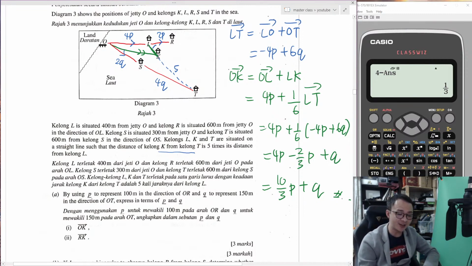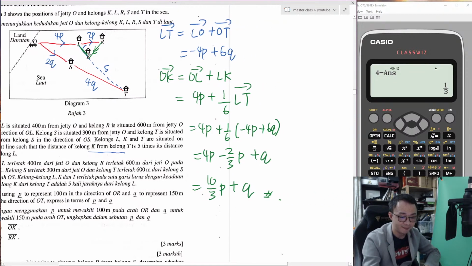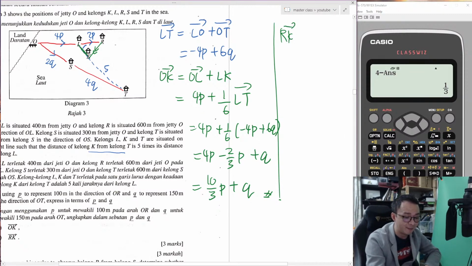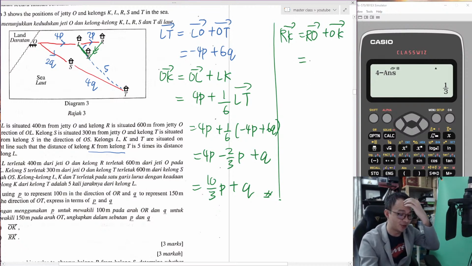Alright, then the question asks us to find RK. Okay, right now I want to find from R to K, so I will use a similar method here. My R to K is basically R to O plus O to K. Because I have O to K already, I can just use it.